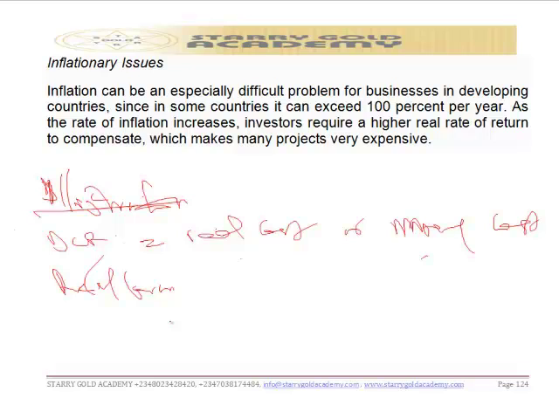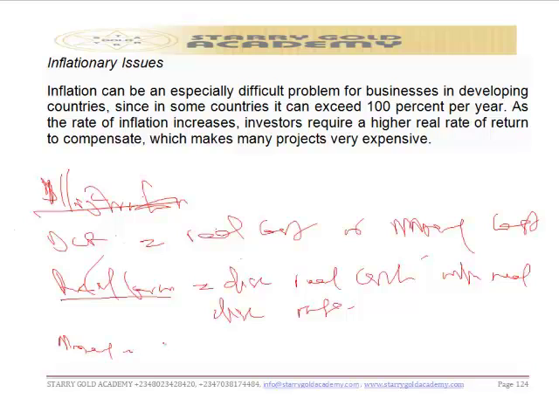If you want to put your cash flow in real terms, you discount real cash flow with the real discount rate. And if it is money terms, you discount money cash flow with the money cost of capital or money discount rate.